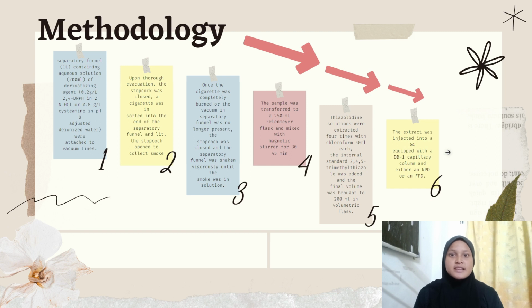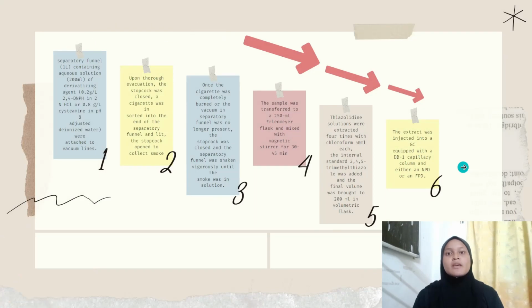The external standard 2,4,5-trimethylthiazole was added and the final volume was brought to 200 ml in a volumetric flask. The extract was injected into a GC equipped with a DB1 capillary column, either an NPD or FPD.